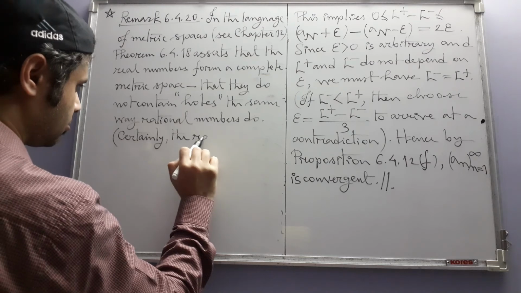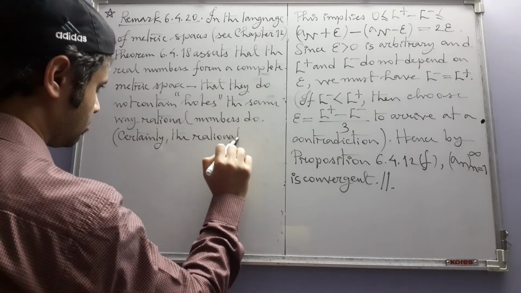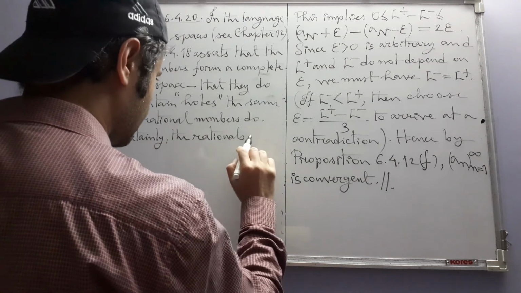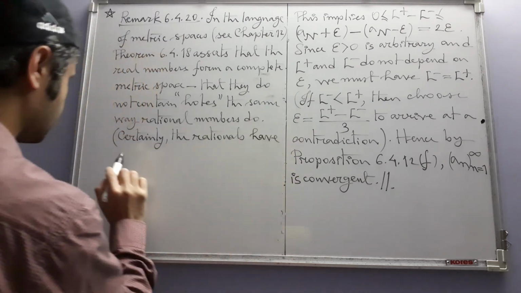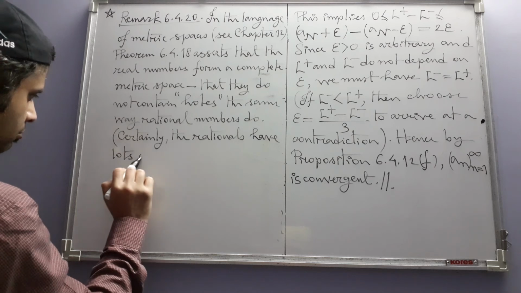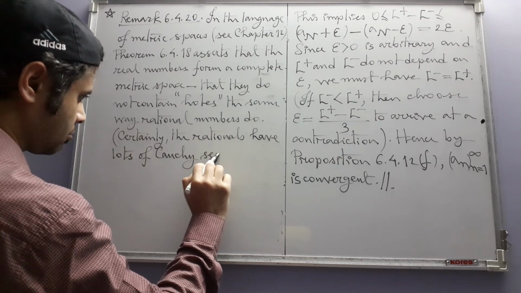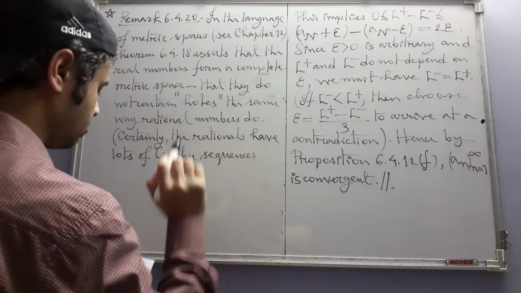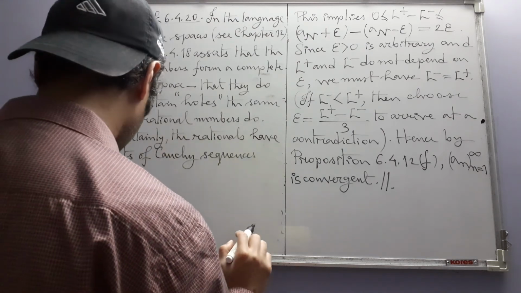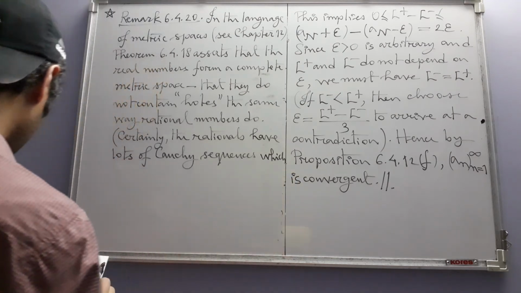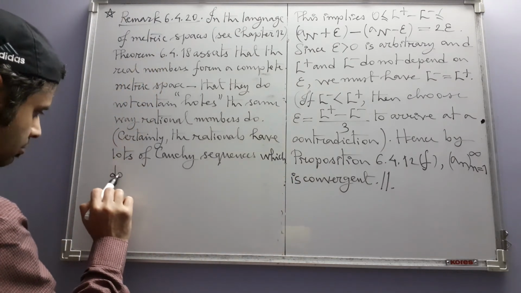Certainly the rationals have lots of Cauchy sequences which do not converge.